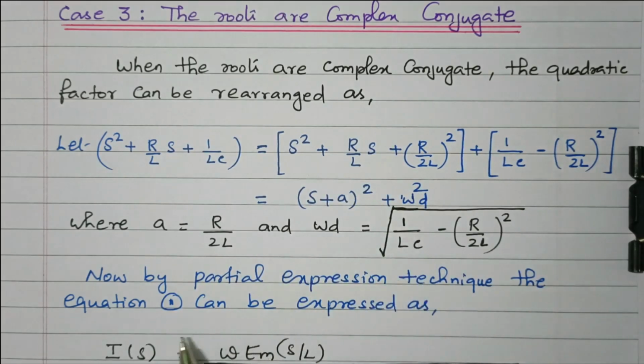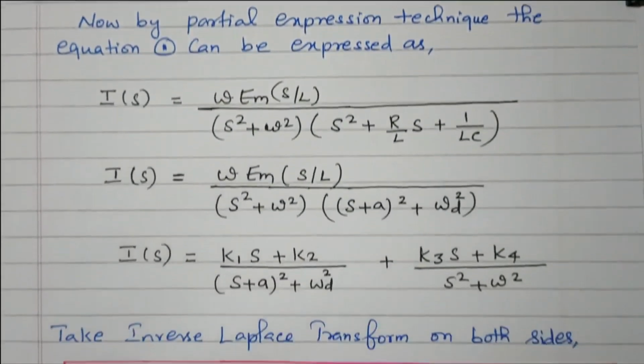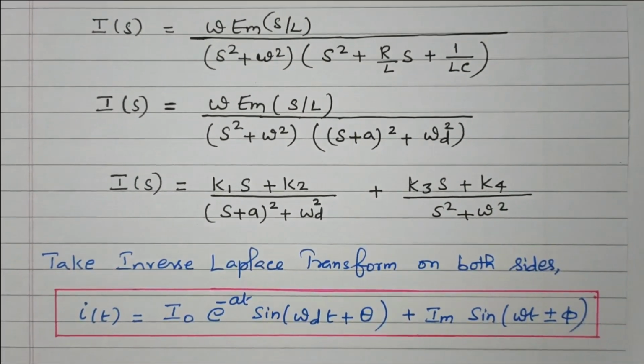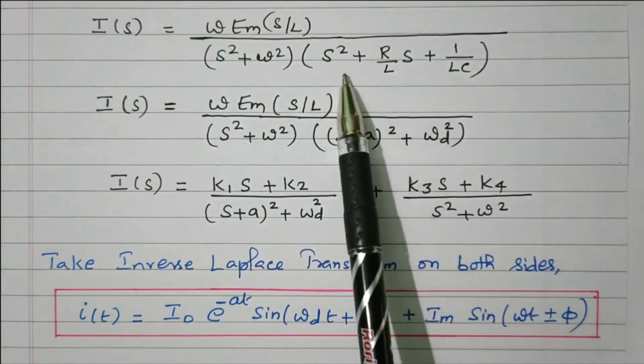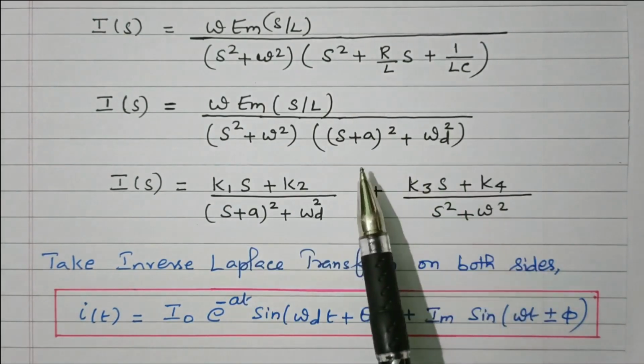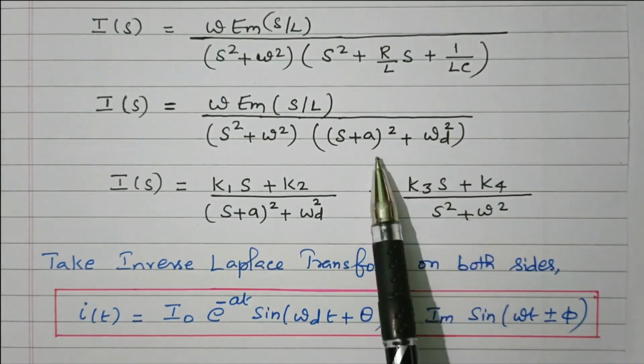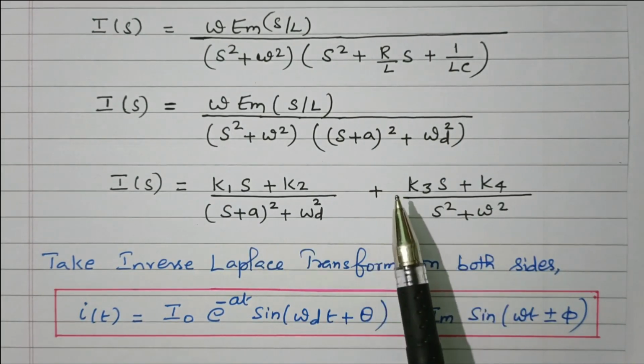Now by the partial fraction technique, equation 1 can be expressed. Now we'll see how to simplify equation 1. This quadratic is written as s plus a the whole square plus omega d square, based on the complex conjugate.